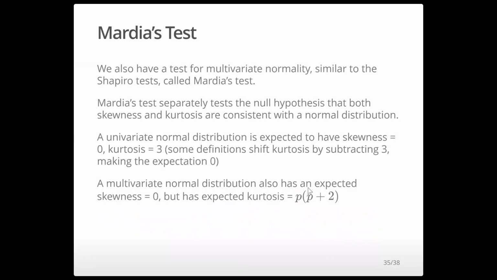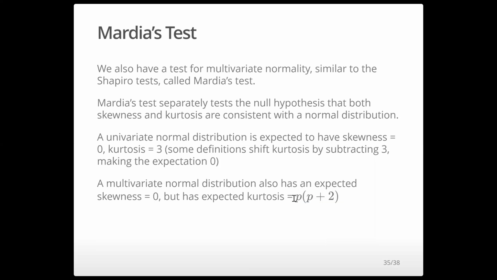And of course, there is also a test statistic. It's called Mardia's test. Mardia's test can apply to either the univariate or multivariate case. So what Mardia's test actually does is it tests the null hypothesis that the skewness equals 0 and that the kurtosis is the expected kurtosis. So the expected kurtosis is actually going to be p times p plus 2.